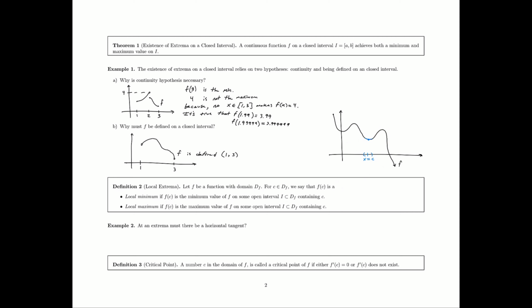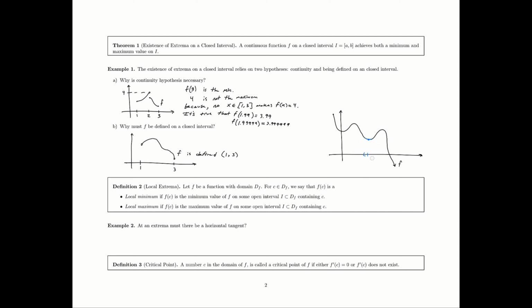So the idea of a local minimum or local maximum is just that in your immediate area, you can surround a location with a little open interval, and then anything in that interval has to be greater than or equal to your minimum. So in fact, we actually have two minimums here. We've got a local min here. We've got another local minimum.